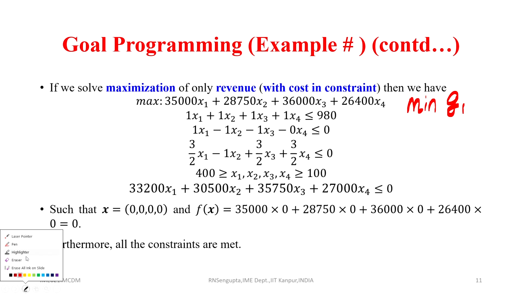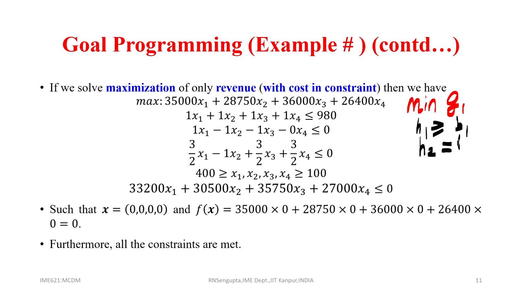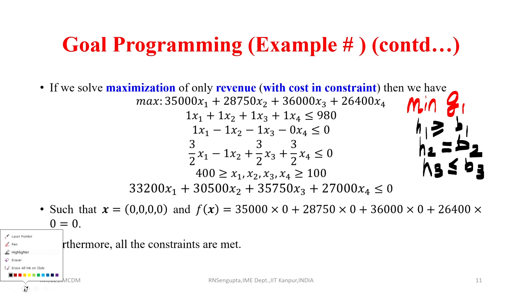You already have the existing 3 sets of constraints, which are H1 is greater than equal to B1, H2 is equal to B2, and H3 is less than equal to B3, and the objective function which was there on the maximization type, that comes here, it was f.